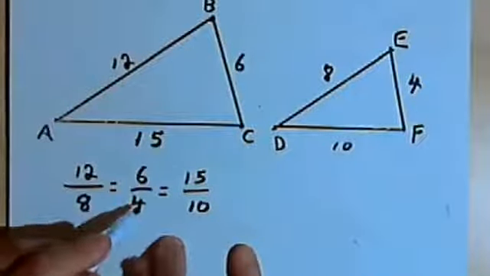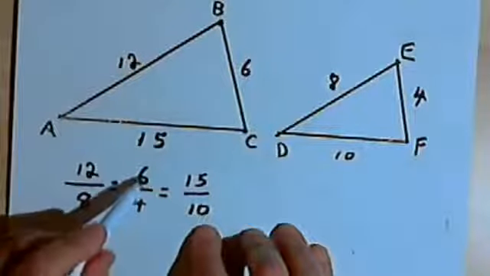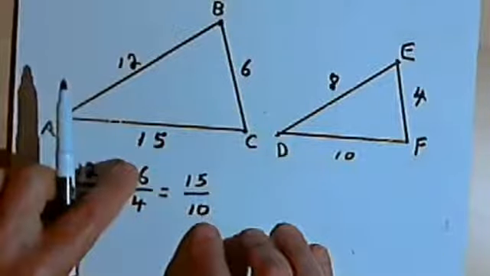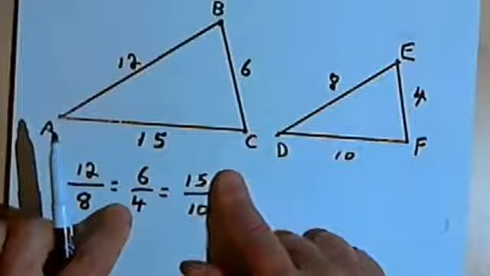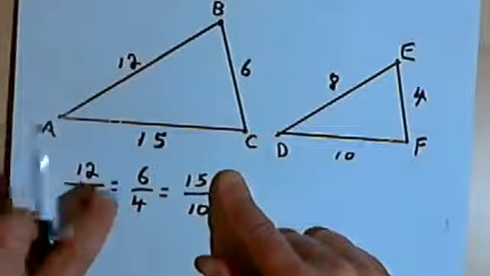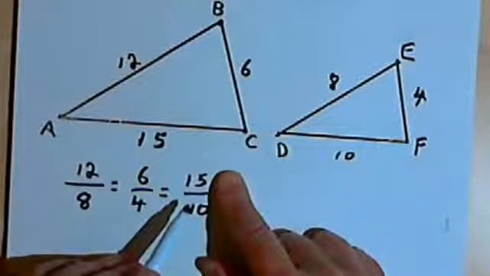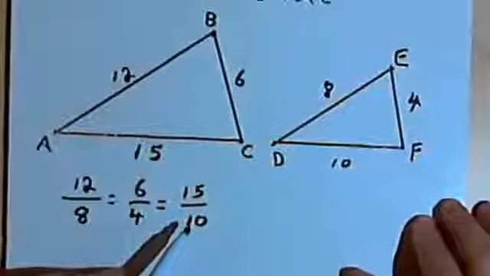Let's see if 6/4 equals 15/10. I'll cross multiply here. I'll multiply 6 times 10, and that's 60. Then I'll cross multiply 4 times 15, and that's also 60. So these three ratios are actually the same thing. That means the three sides are proportional.